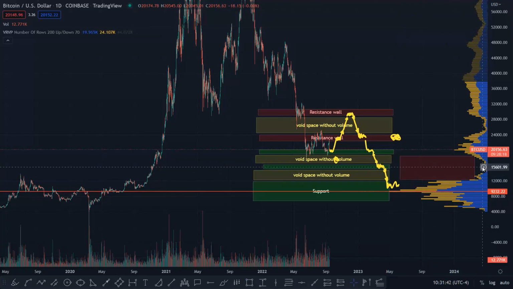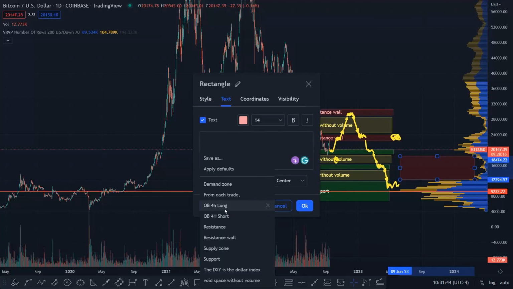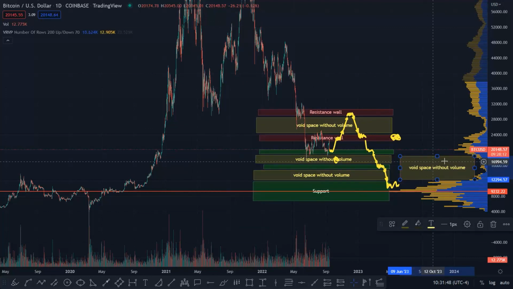If you ignore this little volume here, you can say that we have a big void space without anything in this level. Yeah, we have a little volume here, but you can ignore it in the big picture. Okay, it can't resist against the downtrend. If you had a whale, it cannot resist against that.